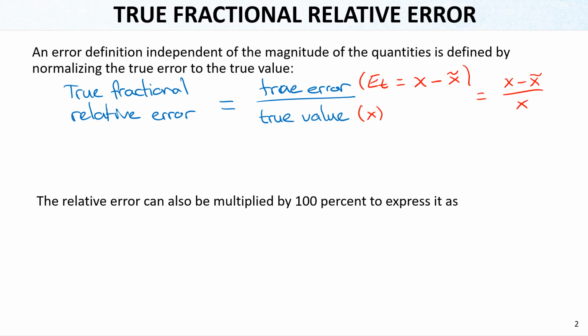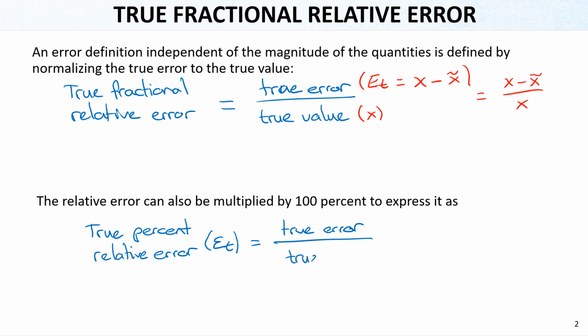And we also multiply this with 100 and we find the percentage relative error, and we call it true percent relative error. And we show this as epsilon t, and this is equivalent to true error divided by true value times 100%.